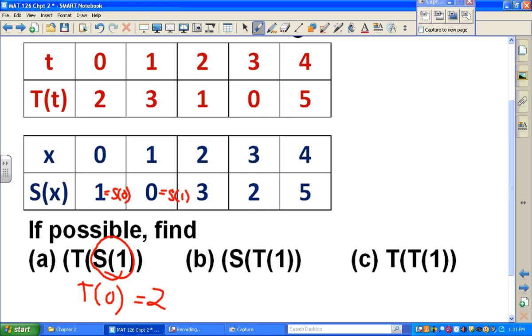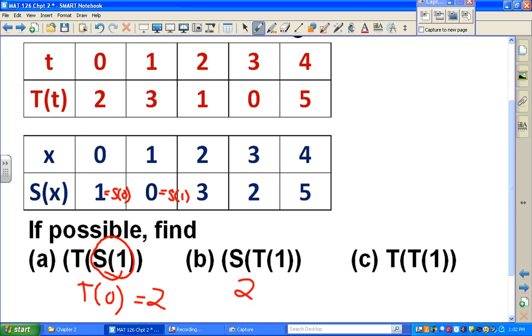Ready? Try S of T of 1. I have 3 more questions for you to do today. These are 2 of them. S of T of 1. T of 1 is 3. S of 3 is 2.